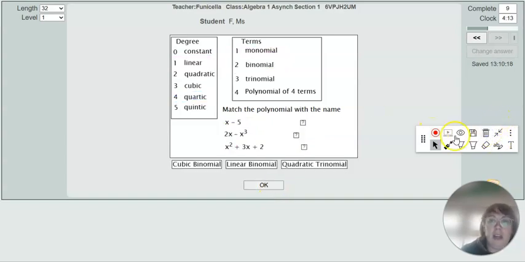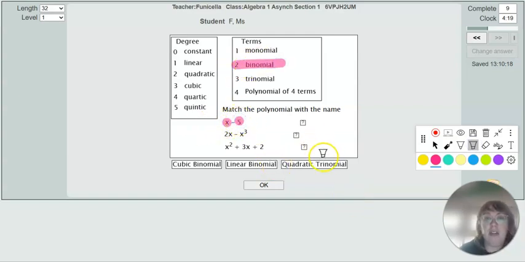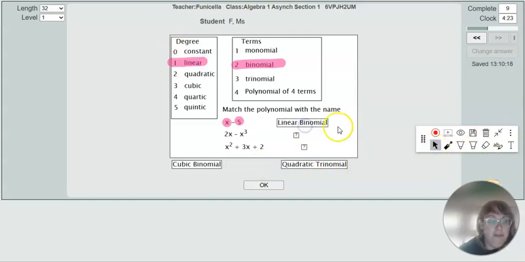Match the polynomial with the name. Okay, we have x minus 5. So x is one term, negative 5 is the other. That's 2 terms, and it's linear. The next one, again, has 2 terms. We have a 2x and a negative x cubed, and our biggest exponent is a 3.